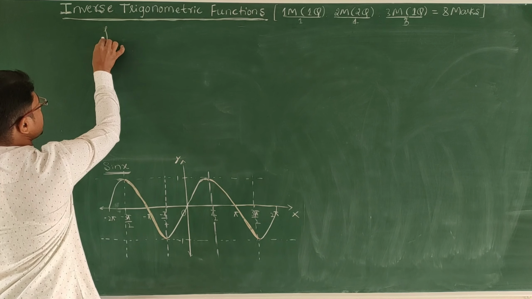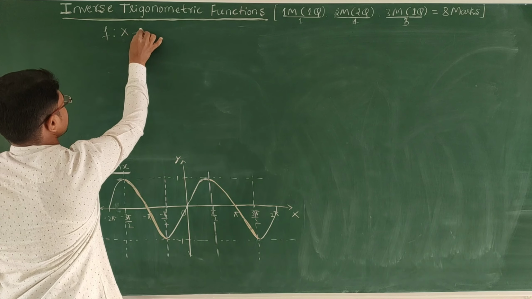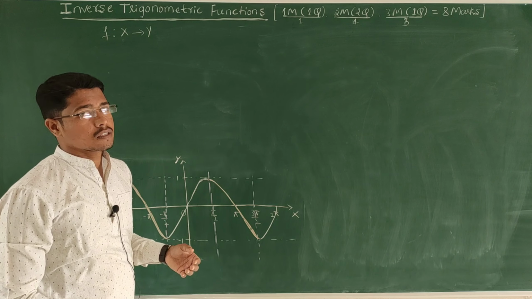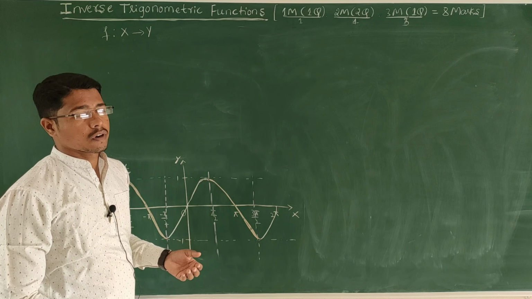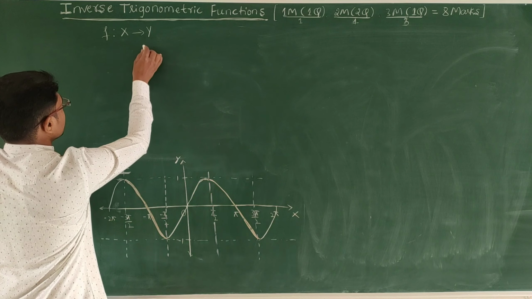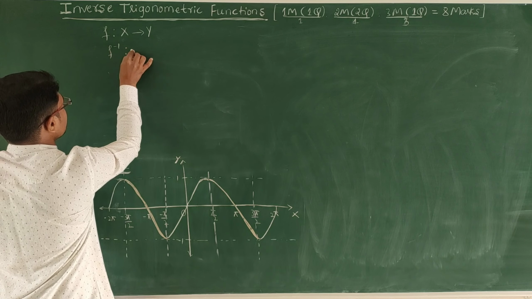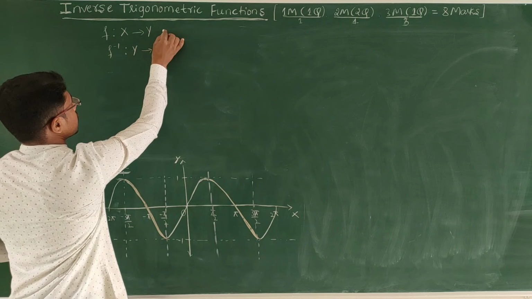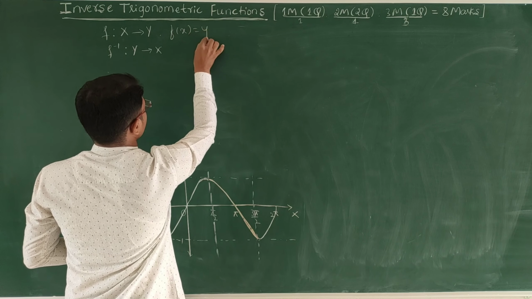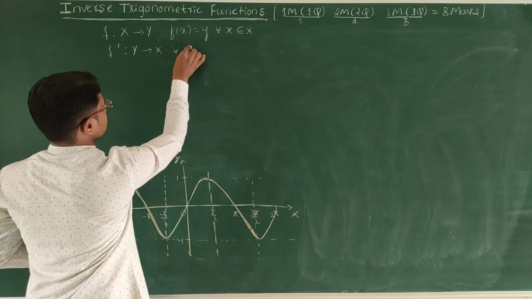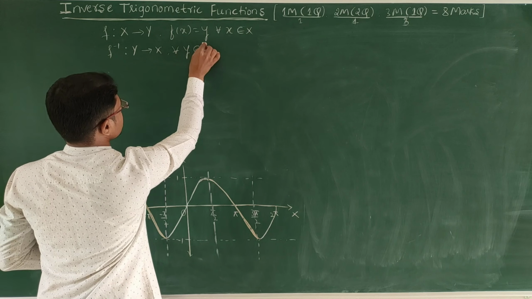For example, a function f from X to Y is said to be invertible if it is bijective, that is one-one and onto, and the inverse of f is defined by f inverse from Y to X. Here we get f of x equal to y for all x belongs to X.